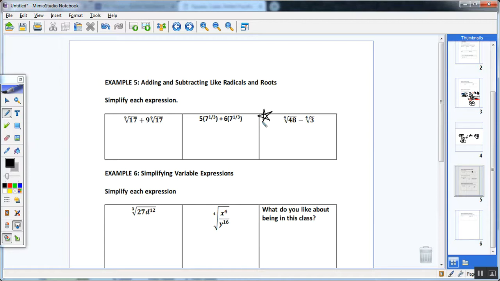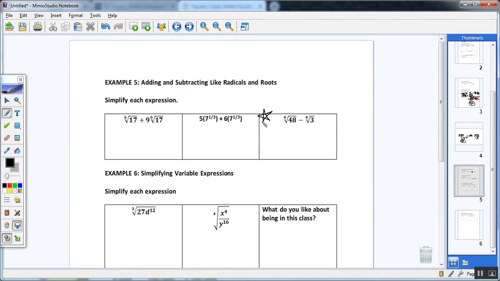So in that first example, I have the 6th root of 17 plus 9 times the 6th root of 17. Okay? Are the indices the same in both of those radicals? Yep. Is the radicand the same in both of those expressions? Okay.